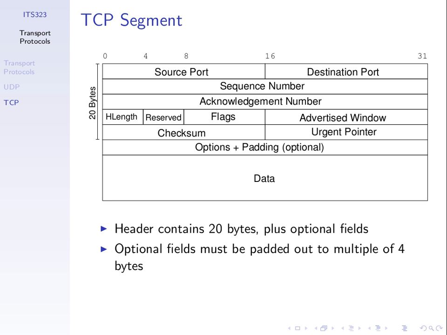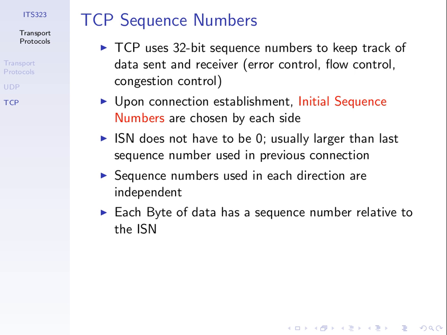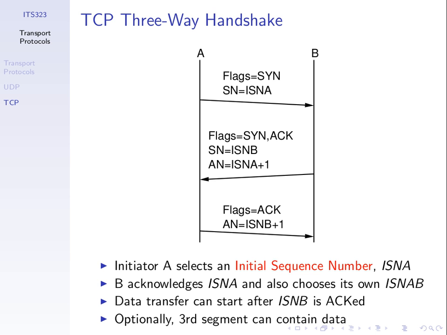Our three-way handshake. The purpose, and it's summarised here, is to synchronise sequence numbers. A chooses the value it wants to start at, tells B, B acknowledges that, and also B chooses its value and tells A. And then finally A acknowledges B's value.